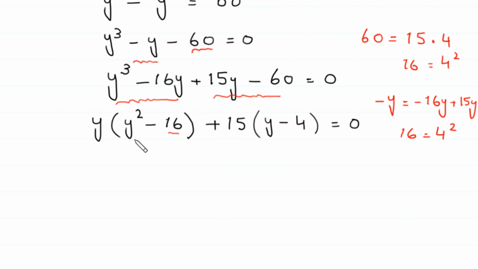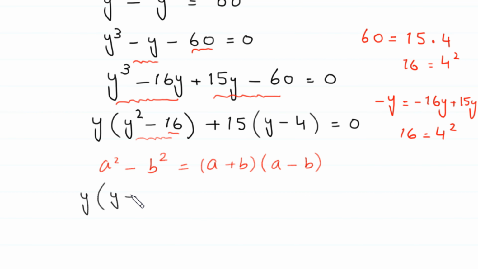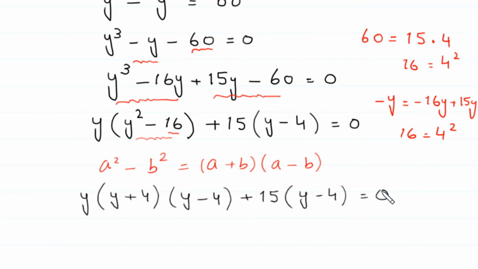So we can factorize this expression y square minus 16 according to the algebraic identity a square minus b square is equal to a plus b times a minus b. y times this y square minus 16 is equal to y plus 4 times y minus 4, plus 15 times y minus 4 is equal to 0.